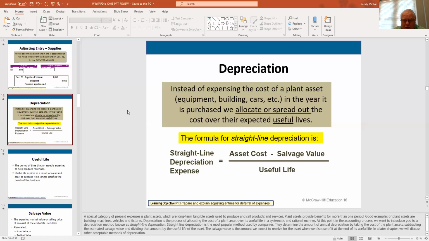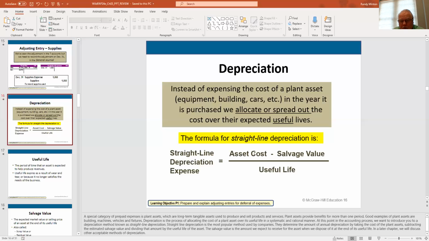Okay, so here's what we're going to do. We're going to take the asset cost, okay? And for argument's sake, let's say that that's $120,000. We're going to buy a building at $120,000. We're going to estimate what the building will be worth at the end of its useful life. In this case, we're going to say 20 years. And let's just say that it's 20,000.